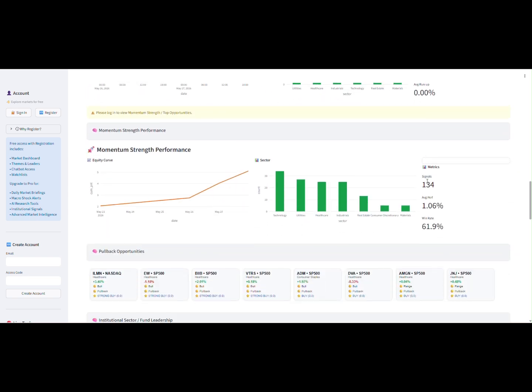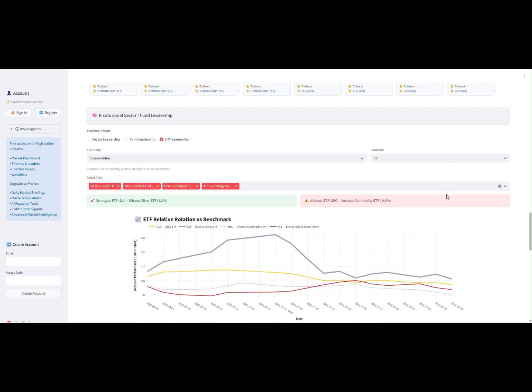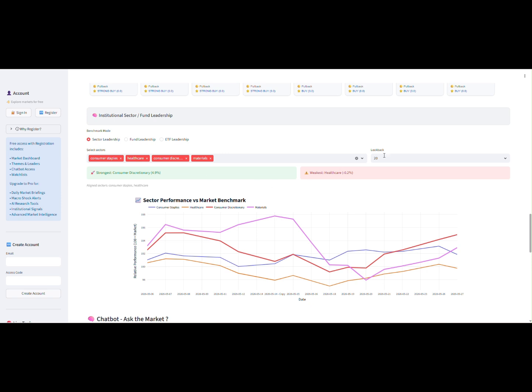The platform continuously analyzes thousands of stocks and ETFs to identify emerging leadership, sector rotation, accumulation, momentum shifts, and institutional participation. One of the core concepts inside the platform is leadership tracking.